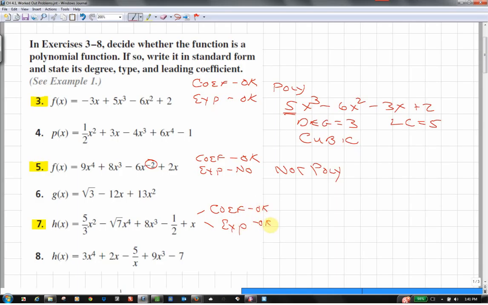So it is a polynomial, so we have to write it in standard form. That means the largest exponent is first. So that's a negative square root of 7x to the 4th. Now let's look for an x cubed term. There's one. See if there's an x squared term. Yep, 5/3 x squared.